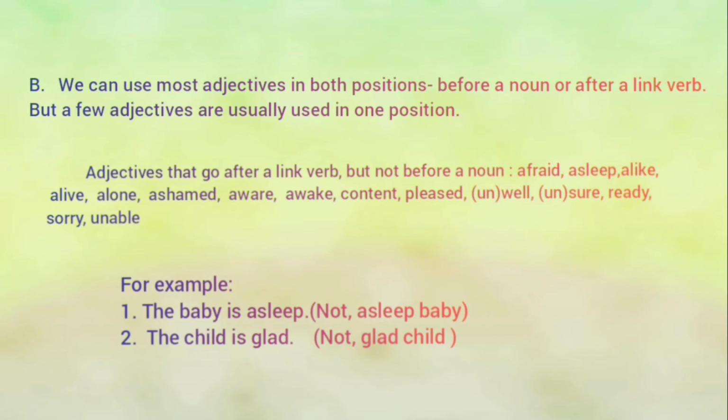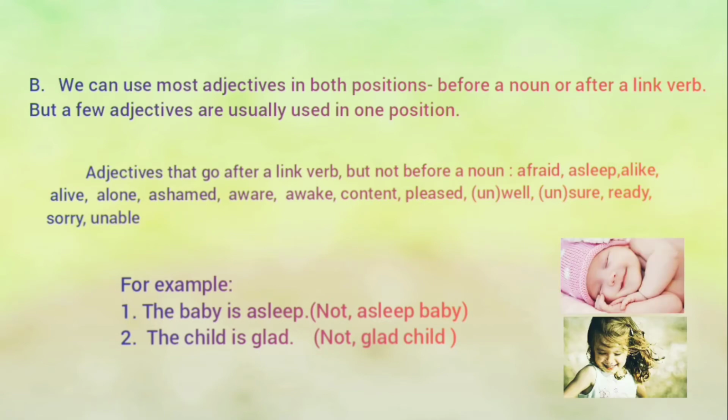Adjectives that go after a link verb but not before a noun. Look at the adjectives. These are not used before a noun: afraid, asleep, alike, alive, alone, ashamed, aware, awake, content, pleased, well or unwell, sure or unsure, ready, sorry, unable.